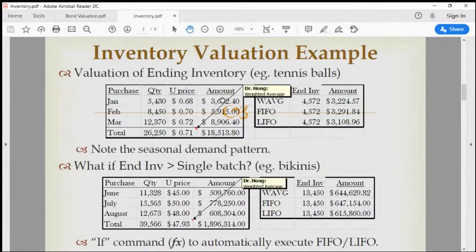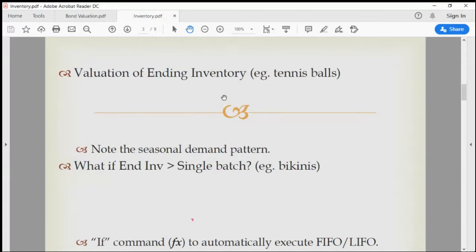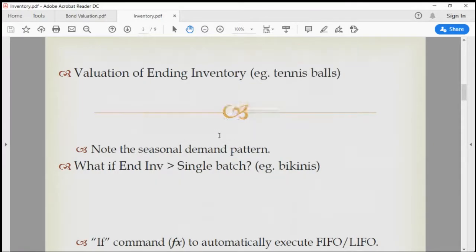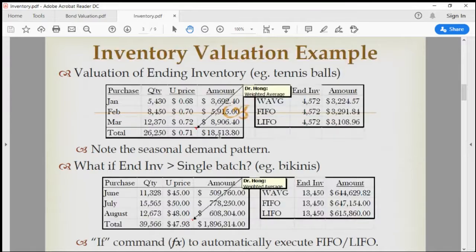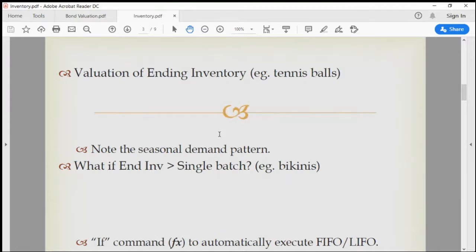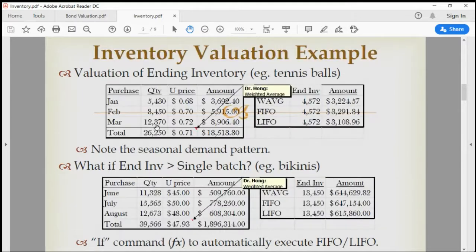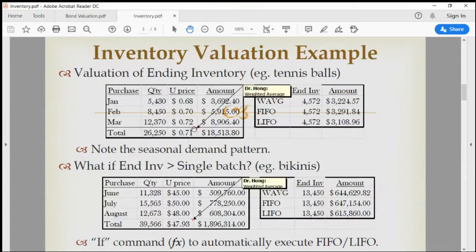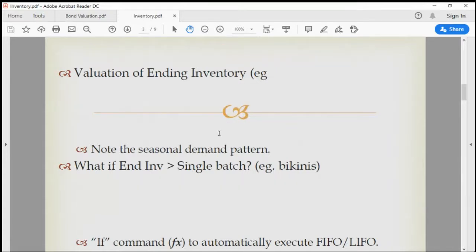Then you take the sum of all these weighted values, the products, and you divide this sum by the total quantity, and that's the weighted average. I'm going to get to that in Excel.